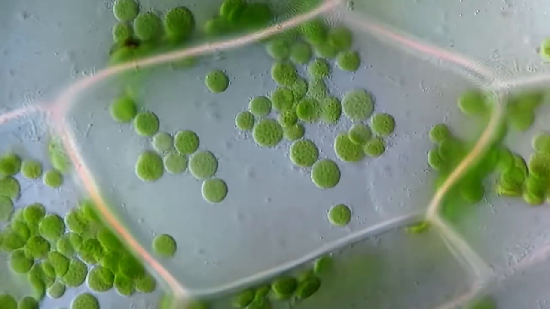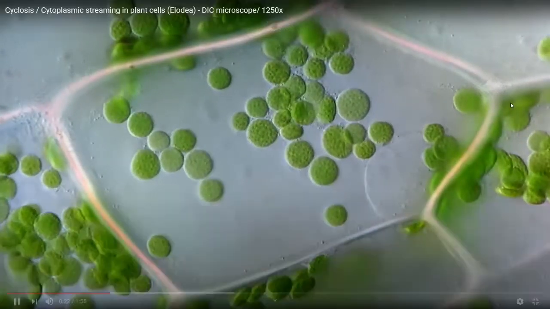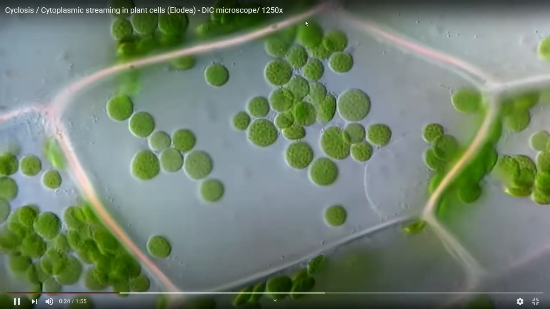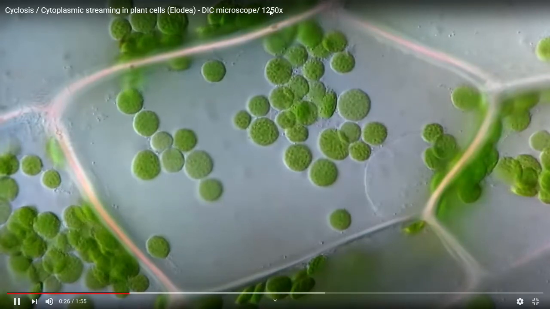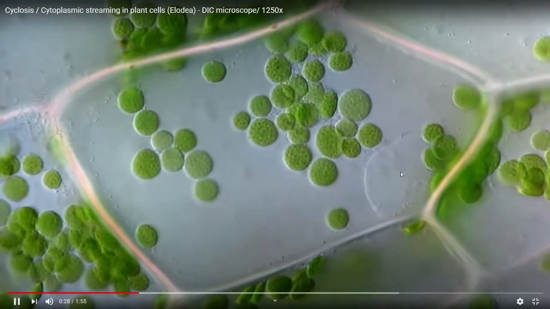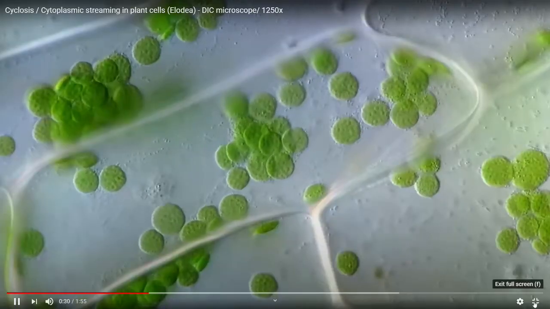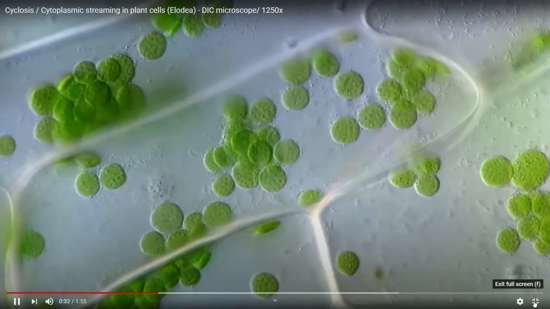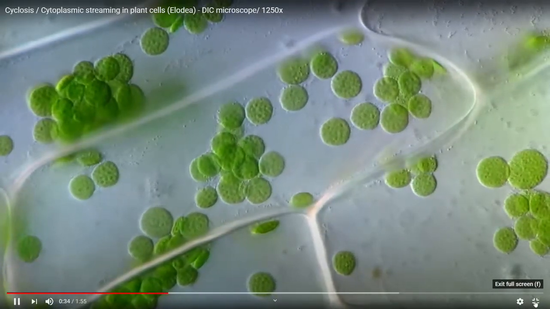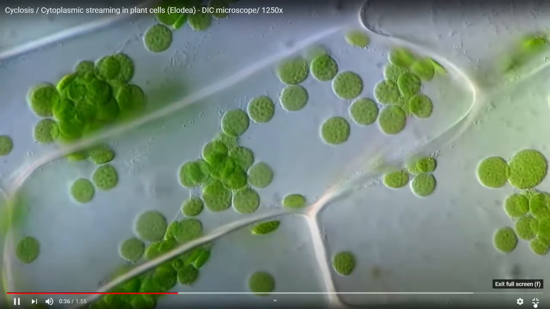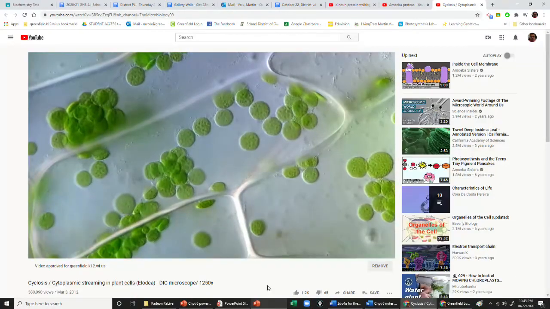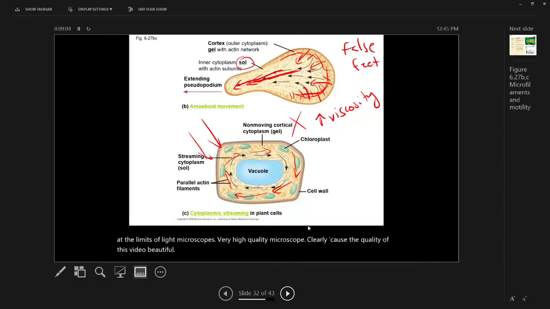All you're seeing is a little bit of movement in the cytoplasm and then the movement of the chloroplasts. 1250 light microscope magnification. My goodness, that's at the limits of light microscopes. Very high quality microscope, clearly, because of the quality of this video. Beautiful. All right, gotta love it.